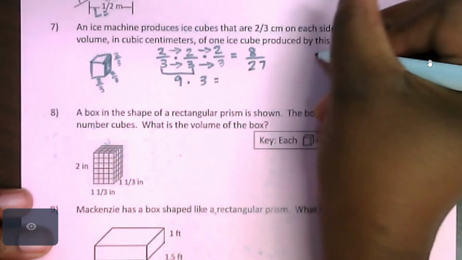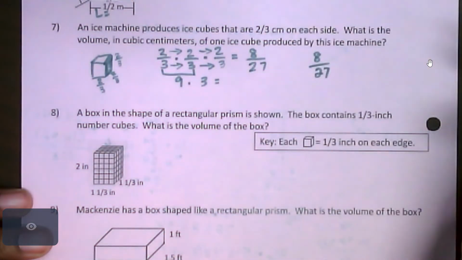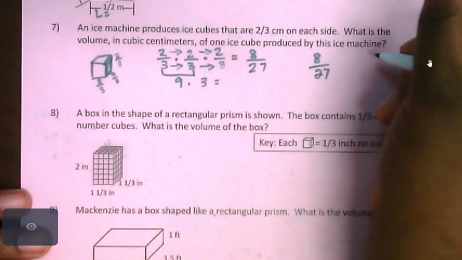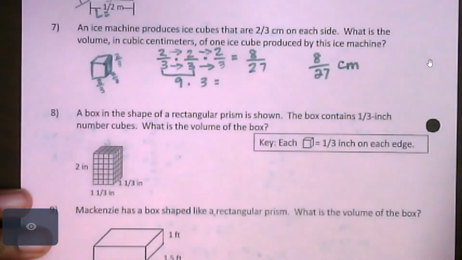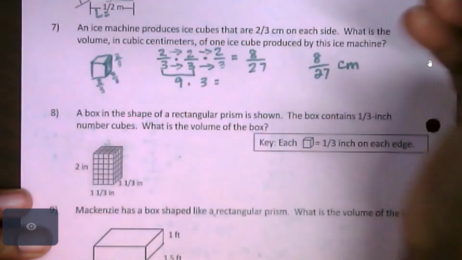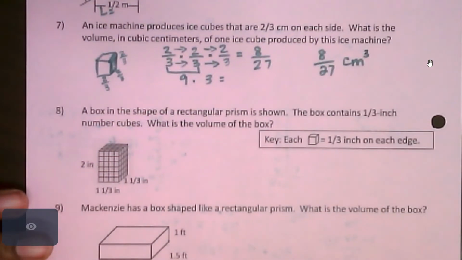So my final answer is 8 over 27, 8/27ths. This was in centimeters, and because I did volume, I multiplied centimeters times centimeters times centimeters. This is centimeters cubed, or cubic centimeters.